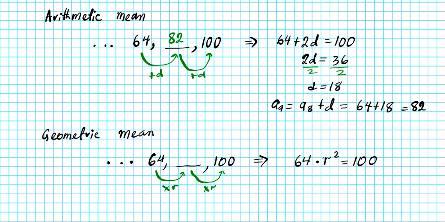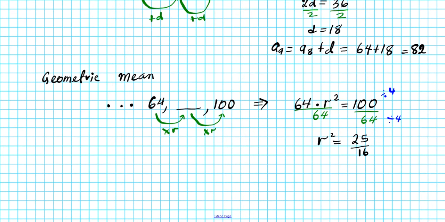Alright, let's solve this. First things first, let's divide by 64 to isolate the variable. So that leaves us with r squared equals, this is reducible, let's see, by 4. So we'll basically divide numerator and denominator by the GCF, which is 4, and we have r squared equals 25 over 16.